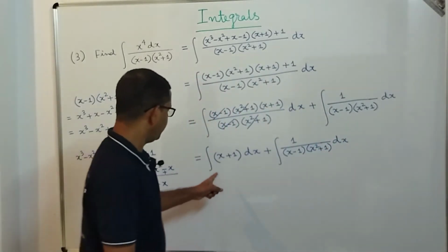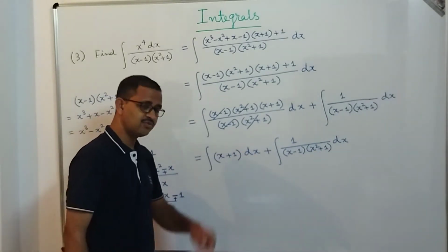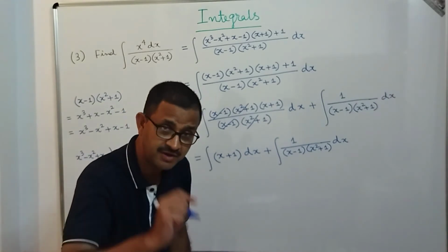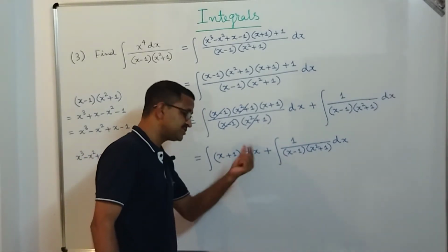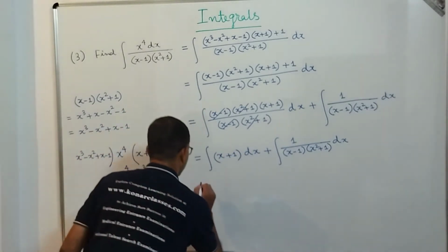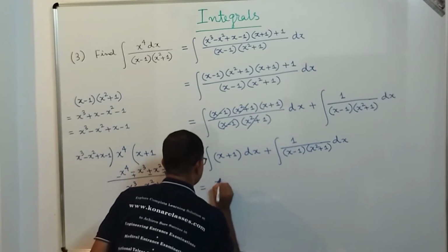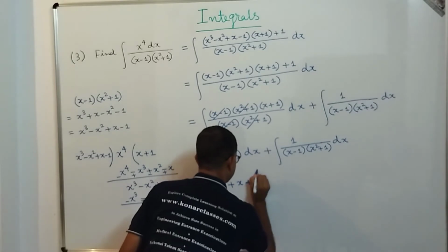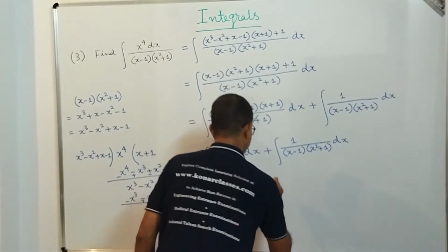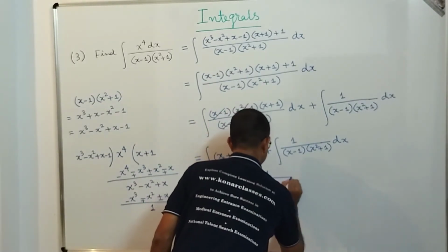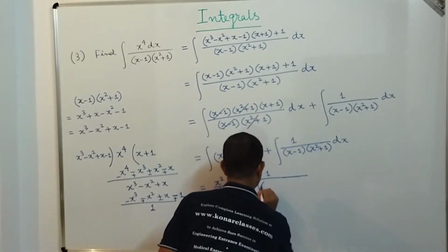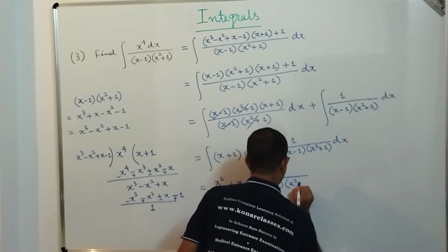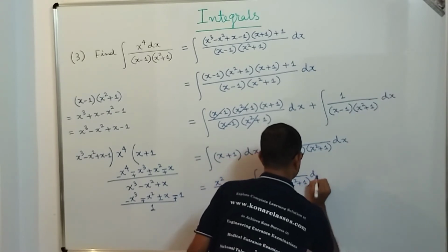Correct? We know the integration of x plus 1 dx is equal to integration of x dx, that is x square by 2, plus integration of dx, that is x. So we can write here, this is equal to x square by 2 plus x plus this integration, that is 1 by x minus 1 into x square plus 1 dx.